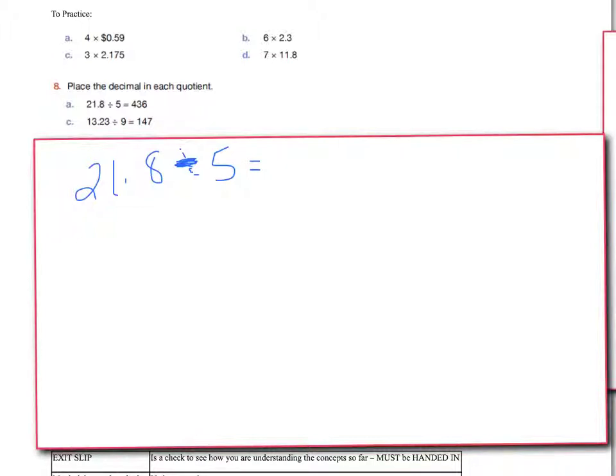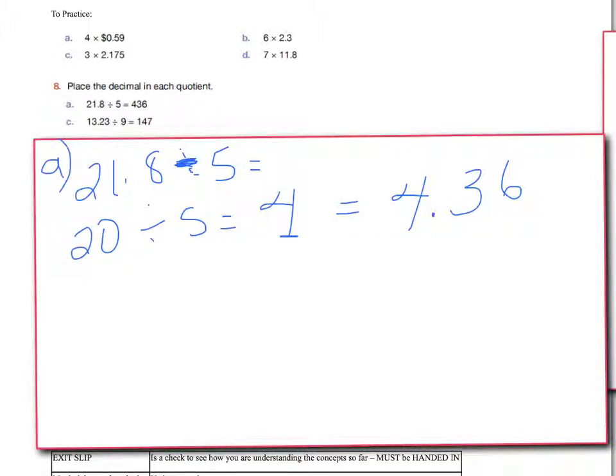I'm going to go with 20. 20 is closer, so 20 divided by 5. Well, I know then it has to be 4, so if this were my answer, 436, I know my decimal would have to be 4.36 because that estimate helped me place that decimal.